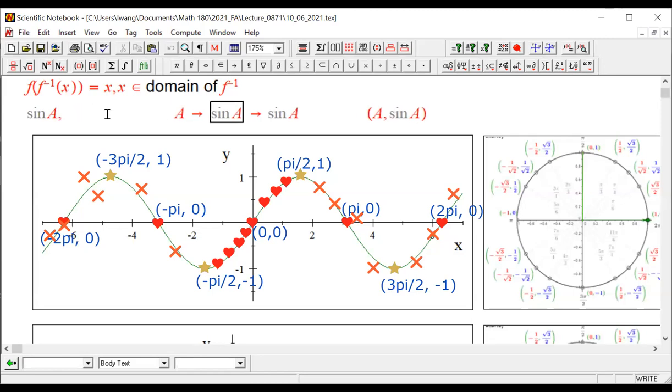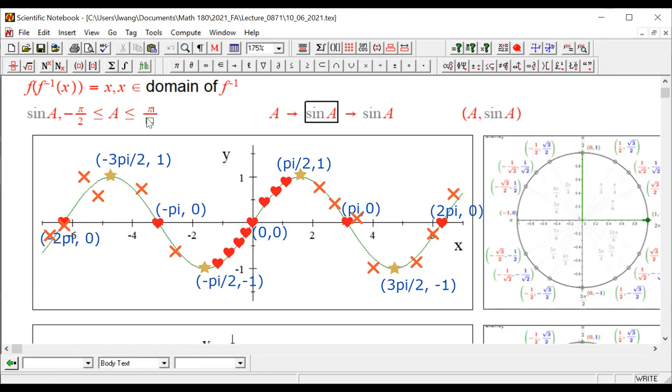And this input has to be between negative pi over 2 to pi over 2. And what does that mean for the unit circle?